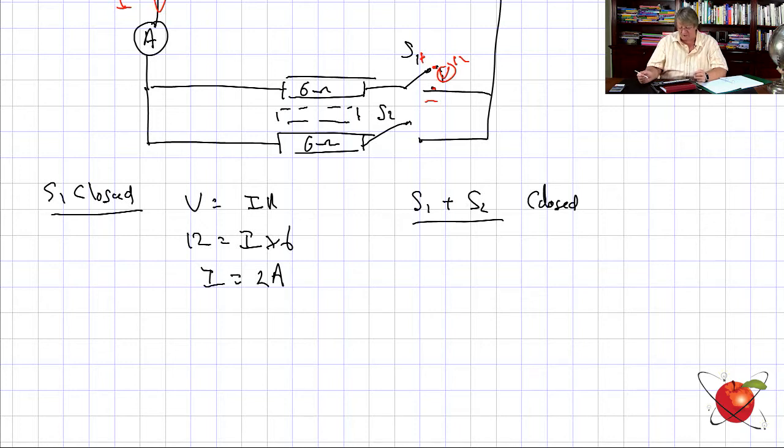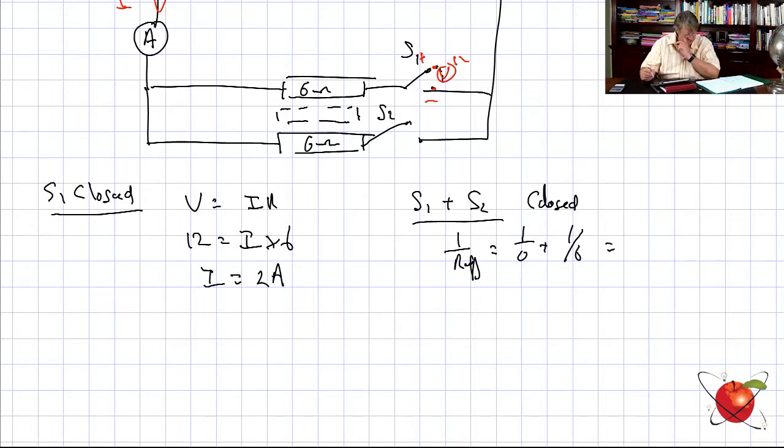Remember the ghost resistor? 1 over R effective is 1 over 6 plus 1 over 6, which is 2 over 6, so R effective is equal to 3.